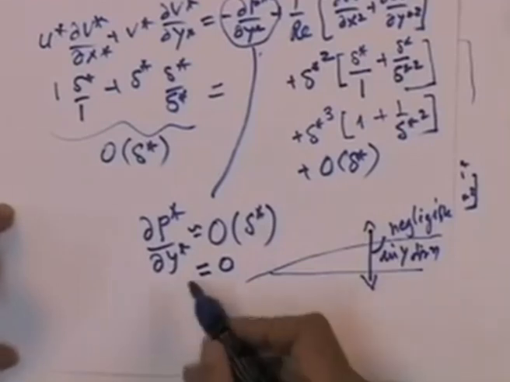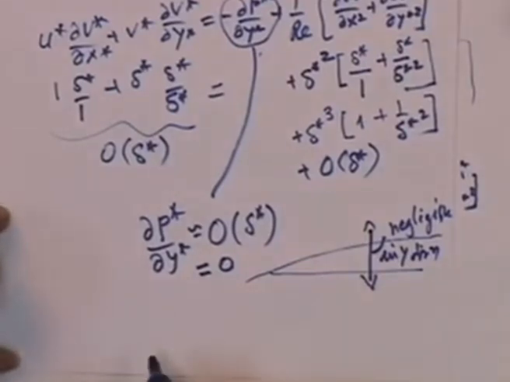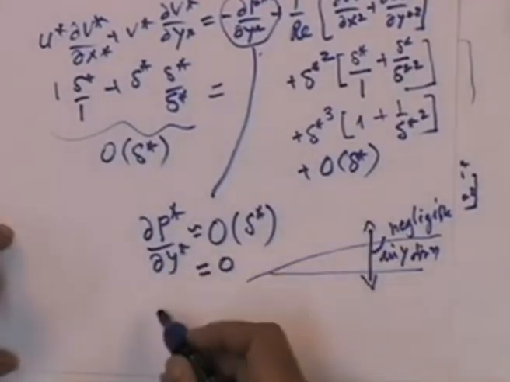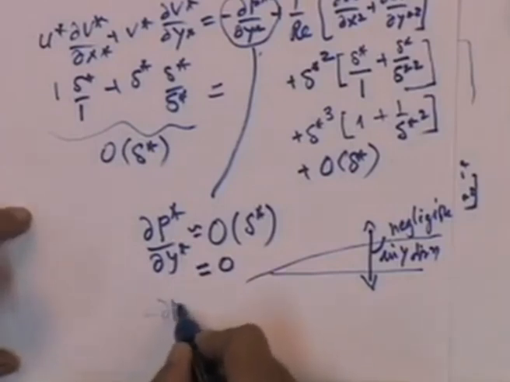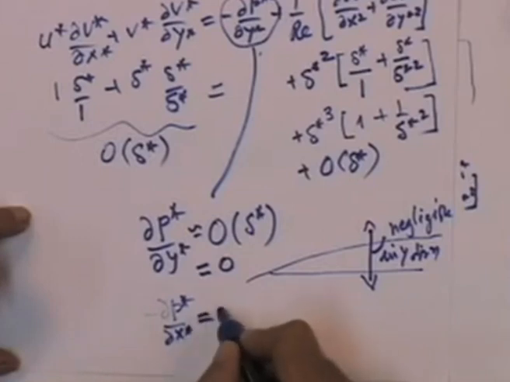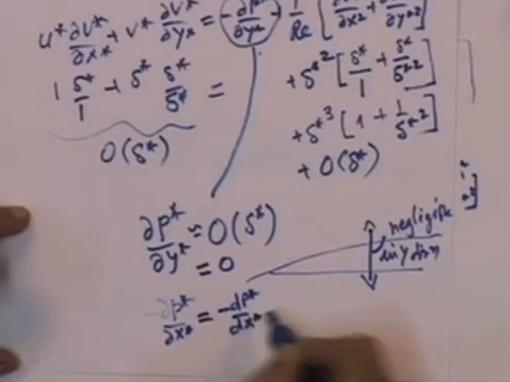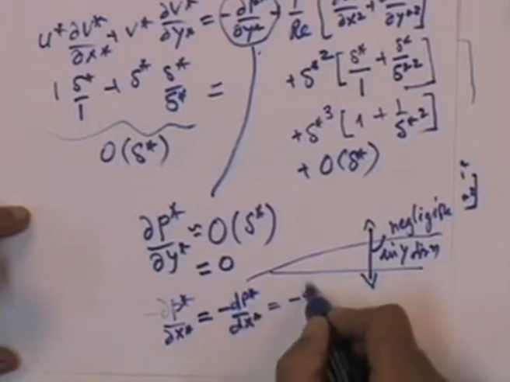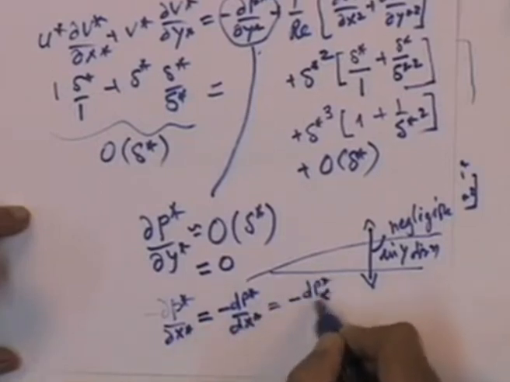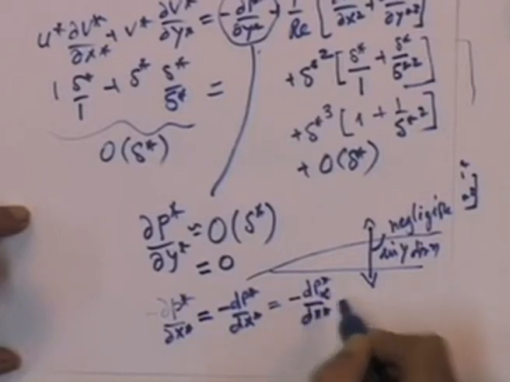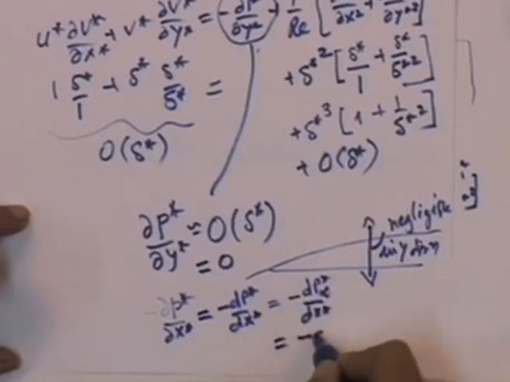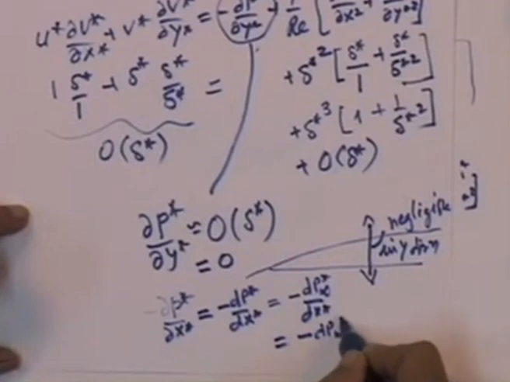In fact, I can say that from this it follows that minus dp star by dx star now would essentially be minus dp star by dx star, which I can also write as minus dp star infinity by dx star, which is also equal to minus dp wall star by dx.